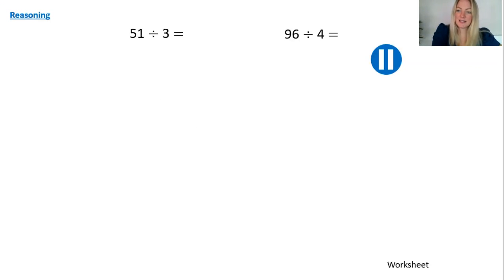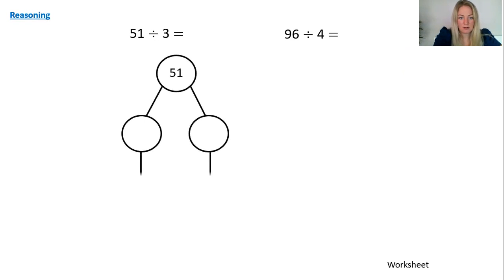Okay, this is now your question. So let's start with 51 divided by 3. How can we partition 51 into two groups that will easily divide by 3? 50 and 1? No. 40 and 11?